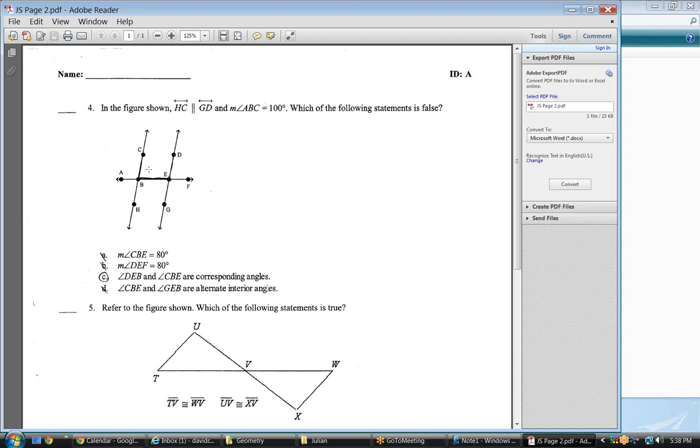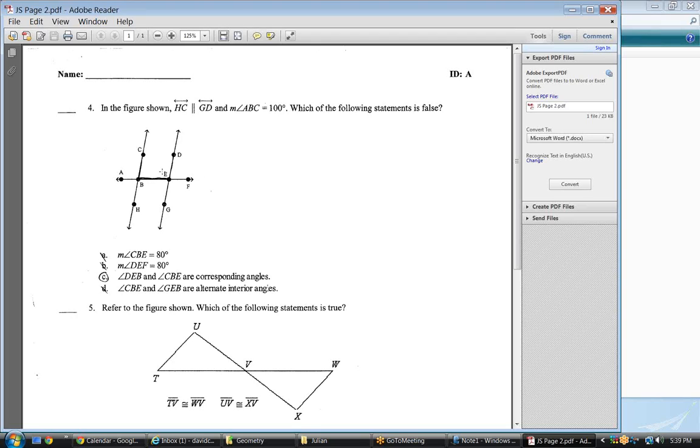So this one and this one are not only equal, but they're alternate interior angles. Now, let's look at this one. DEB and CBE are not corresponding. They're actually different. Notice DEB is obtuse. CBE is acute.